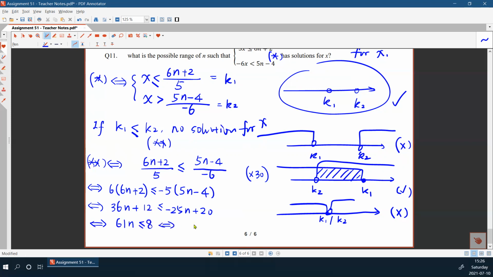So this is equivalent to n must be smaller than or equal to 8 over 61. Okay, now the conclusion is if n is smaller than or equal to 8 over 61, there is no solution for x. Okay, I hope you do understand the whole reasoning process, right?